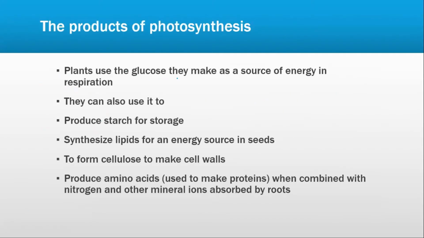Plants use the glucose they make as a source of energy in respiration. Now, plants actually need that glucose to carry out respiration. They can also use it to produce starch for storage, as we know that in plants we have starch as the storage.